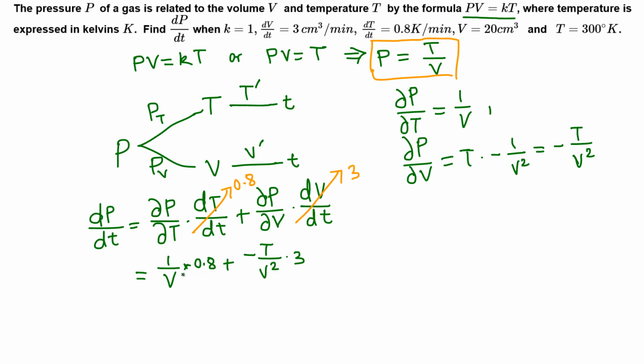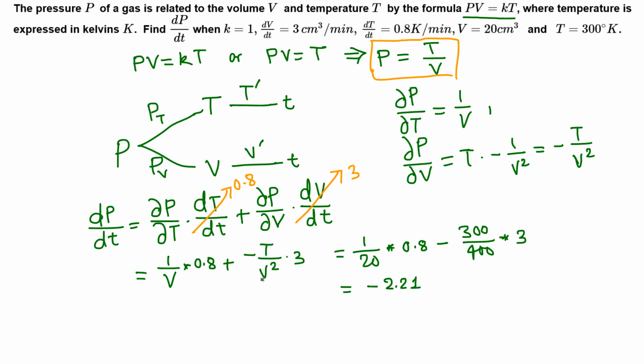Under this condition we are finding dP over dt, which is 1 over V, V is 20, times 0.8, plus negative, T is 300 over V squared. V is 20, so 20 squared, 400, times 3. Now use your calculator and you get the final answer. So minus 2.21.